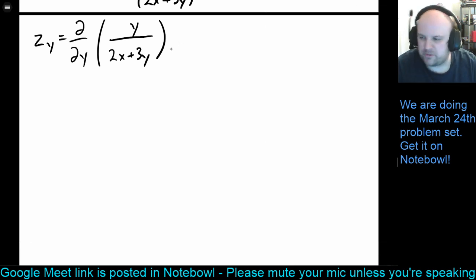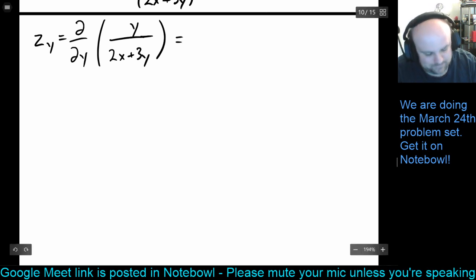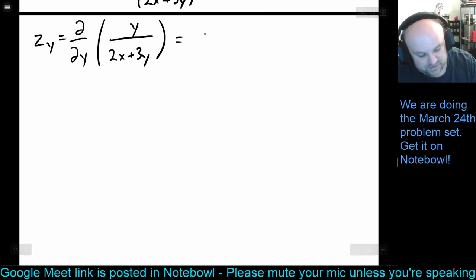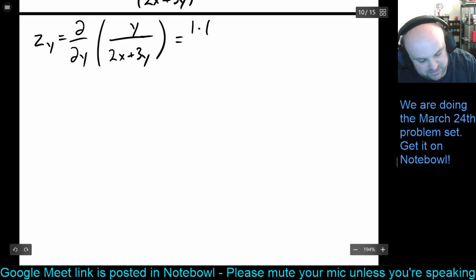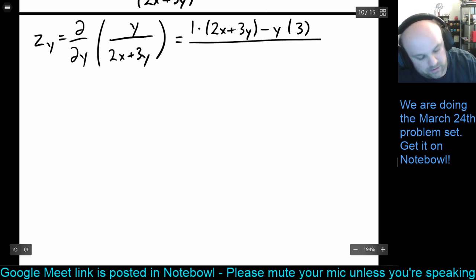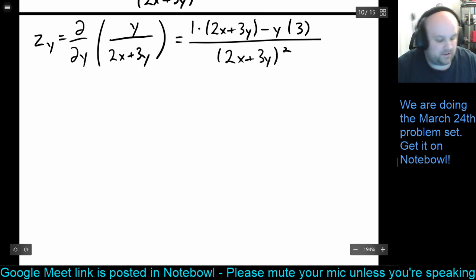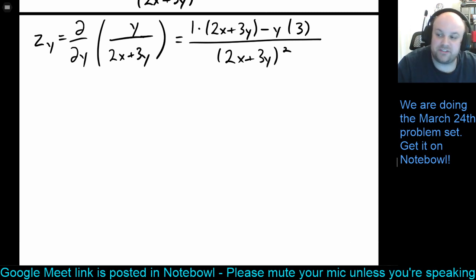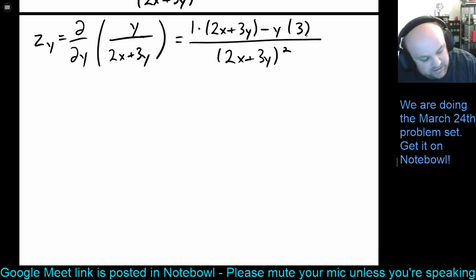So here, we're going to use the quotient rule, right? So derivative of the top is 1 times the bottom minus the top times the derivative of the bottom all over the bottom squared. Right? So here, some stuff actually cancels out. If we look at how this works out, we get a 3y, a minus 3y.